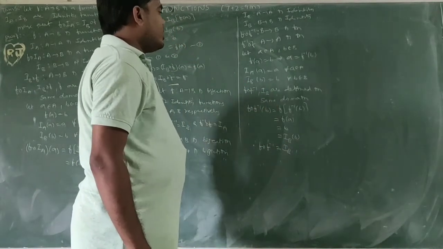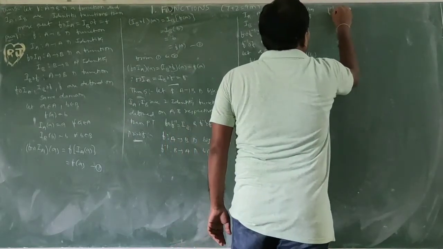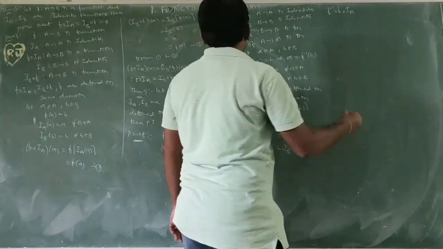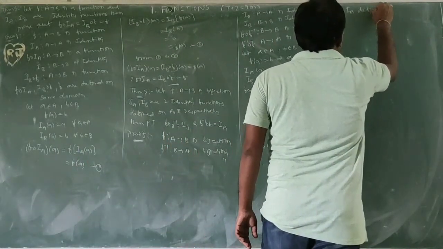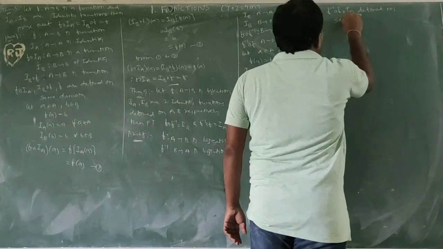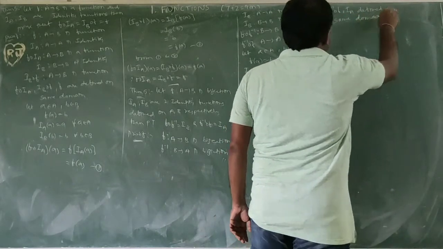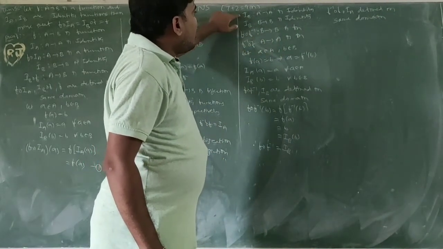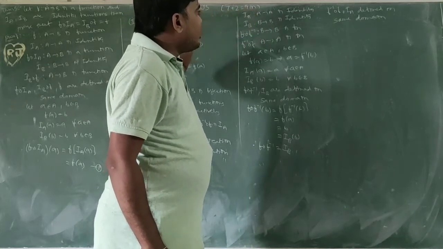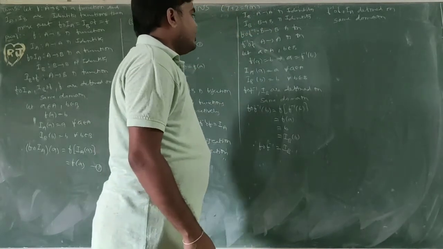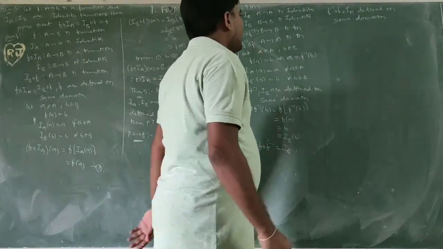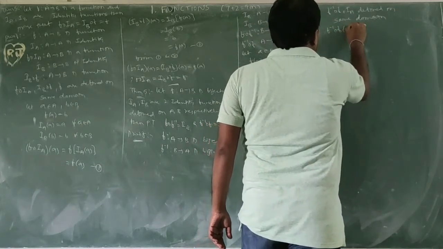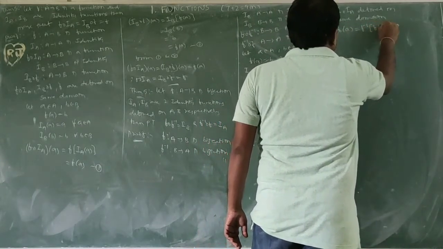Now I want to prove F inverse circle F equal to IA. These two are defined on the same domain, and the domain is A. So I take an element a in A. F inverse circle F of a equal to F inverse of F of a.